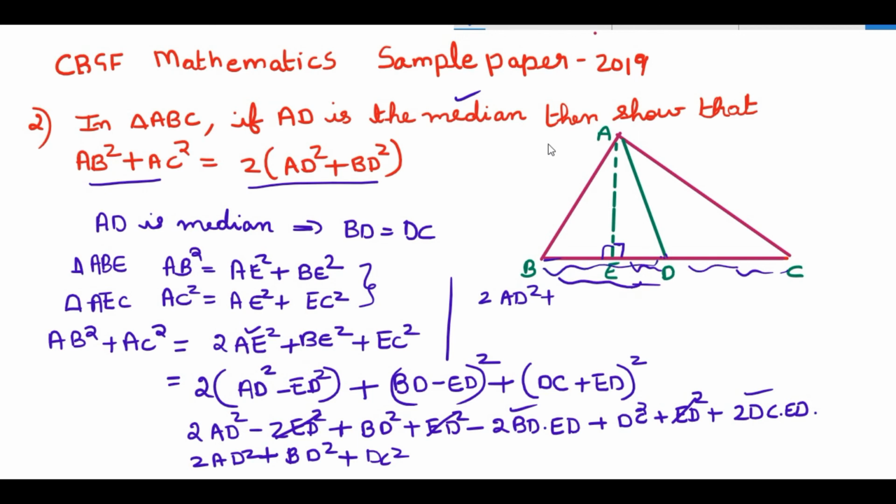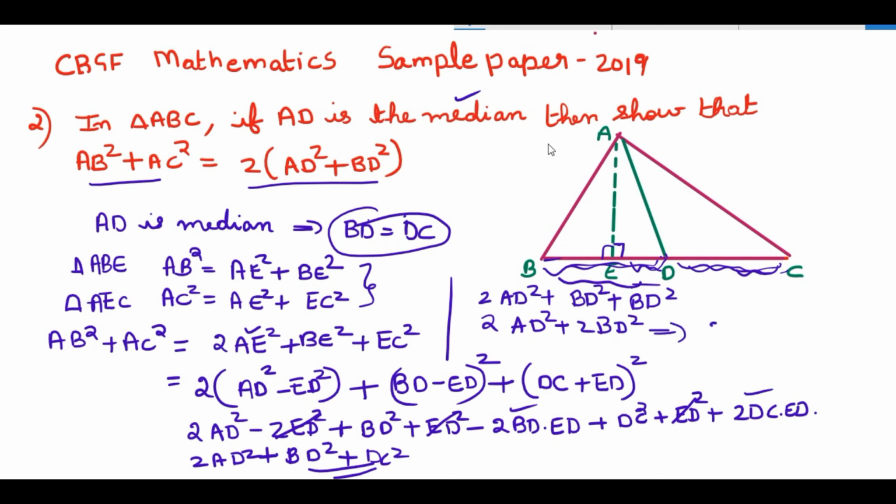BD square plus DC square both are same, so I can replace with anyone. See, BD equal to DC because AD is the median. I am going to replace this DC as BD only. BD square plus BD square because DC is same as BD. So 2AD square plus 2BD square. 2 is common, take outside: AD square plus BD square.